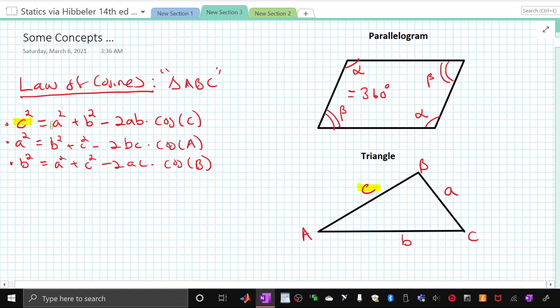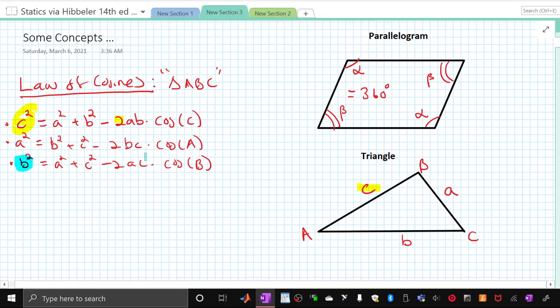It's just like the Pythagorean theorem, c squared equals a squared plus b squared, minus, and we're going to add a little bit, 2, that is part of the formula, times the two respective remaining lengths, a times b, times the cosine of this respective angle. So it's easy to visualize it in that way, so you don't have to memorize any formulas. So let's try for this one.